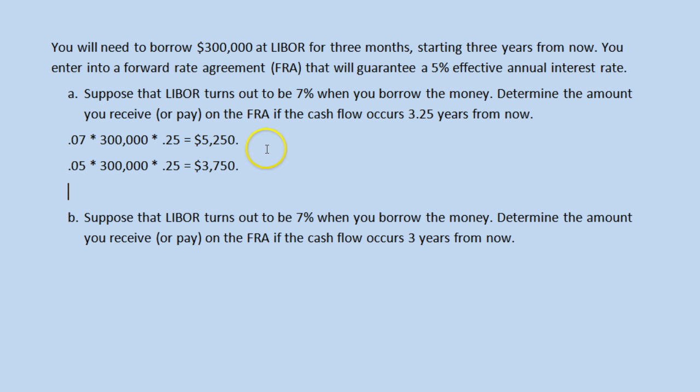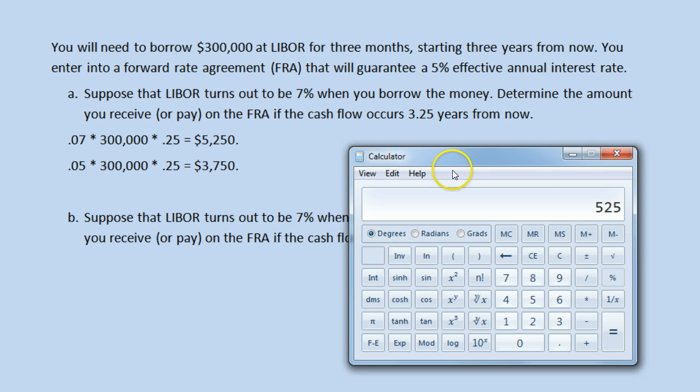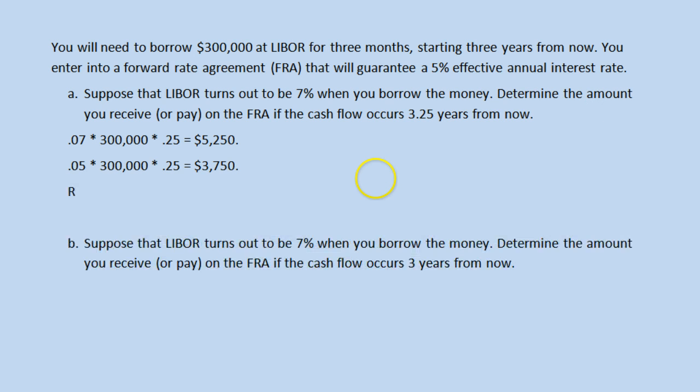To get you from the $5,250 you had to pay to the $3,750 that you locked in, you need to receive something from the forward rate agreement, and you would receive the difference, $5,250 minus $3,750. So the answer, you receive $1,500 under the forward rate agreement.